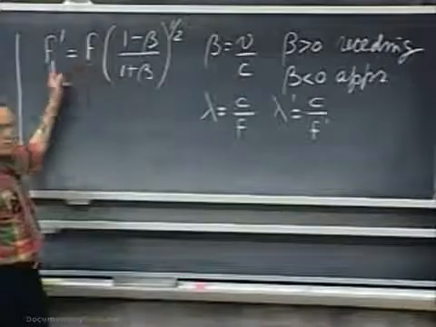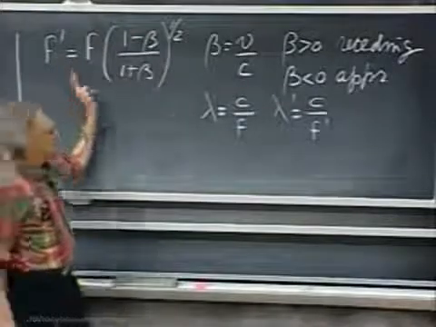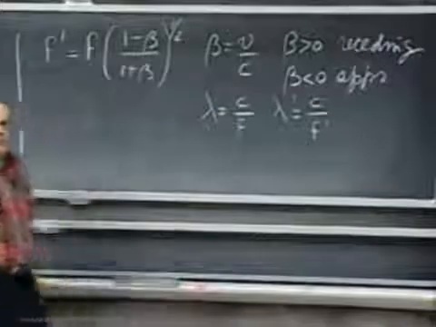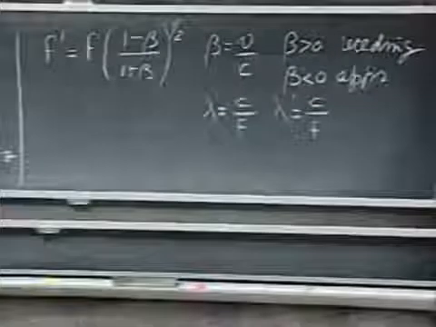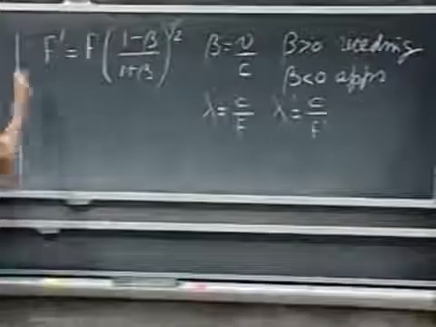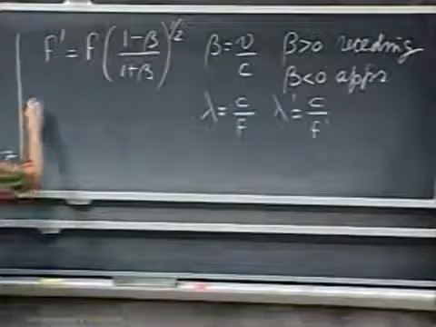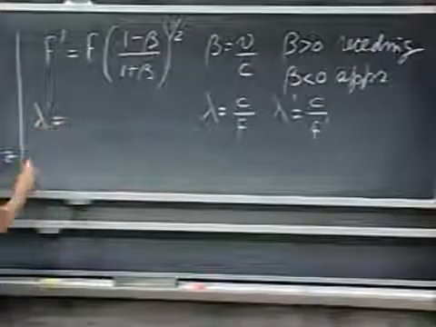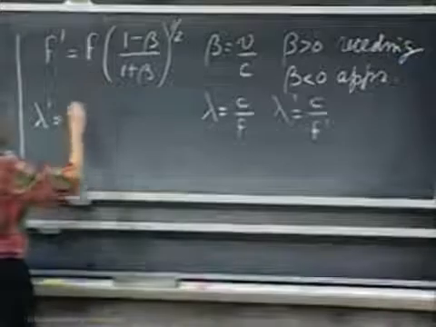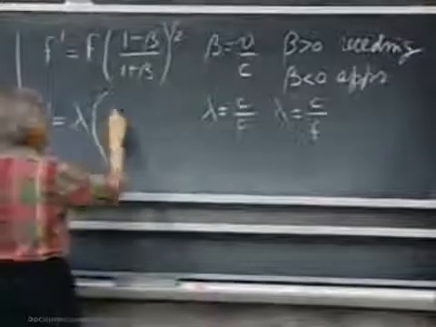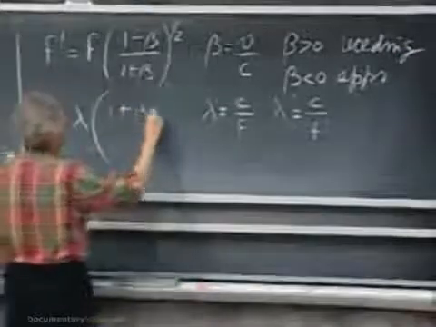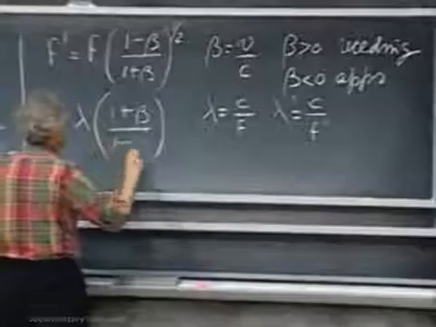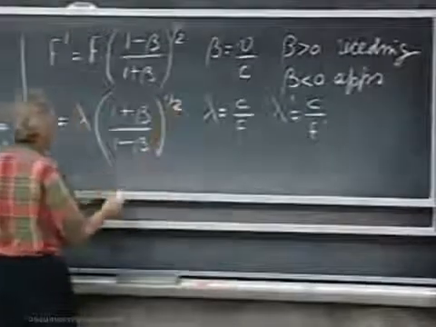So I can substitute in here, in this f, c divided by lambda, which is more commonly done. So this Doppler shift equation for electromagnetic radiation is more commonly given in terms of lambda. But of course the two are identical, and then you get now (1 plus beta) upstairs divided by (1 minus beta), to the power 1/2.